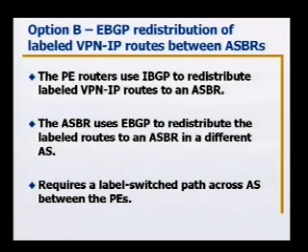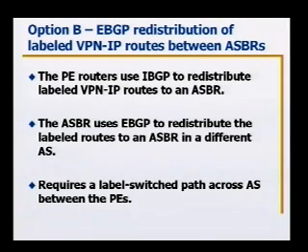And the ASBRs are going to use eBGP to redistribute the labeled routes to an ASBR in the other AS. So now, instead of multiple eBGP sessions, we have one eBGP session, and instead of having the ASBR maintain all these per-VRF states, it just maintains one big table.